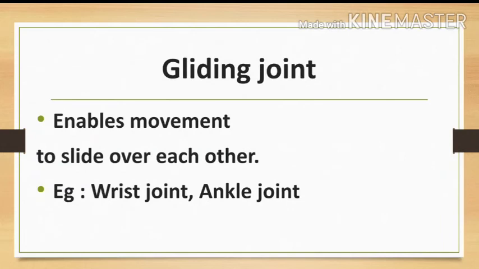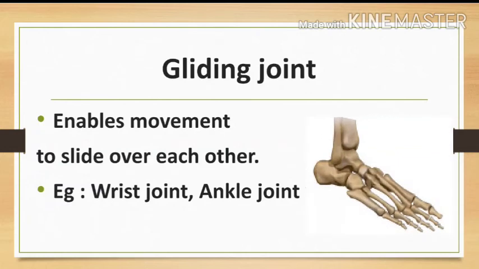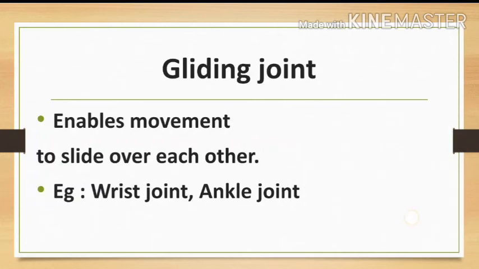The fourth type of joint is known as gliding joint. It enables the bones to slide over each other. Examples are wrist joint and ankle joint.